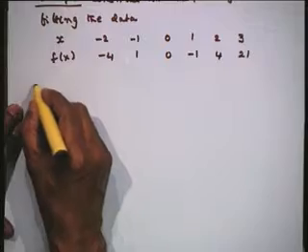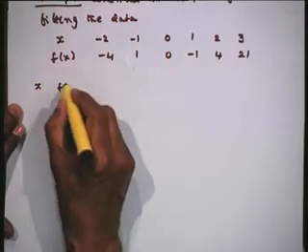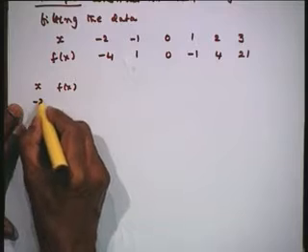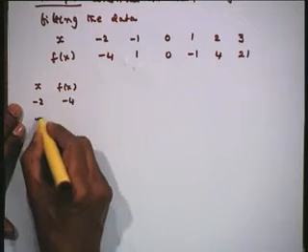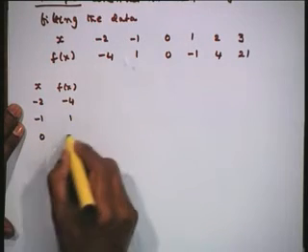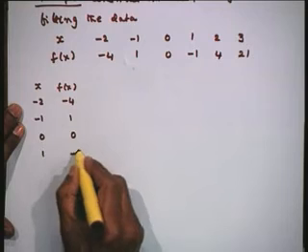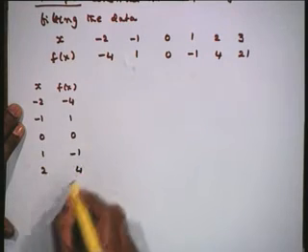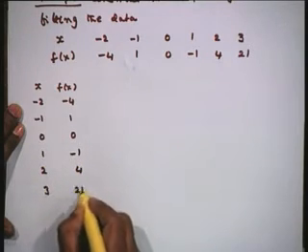Now, in order to apply this, I need to first of all write my difference table. So, let us write down our difference table. X, f x: minus 2, minus 4; minus 1, 1; 0, 0; 1, minus 1; 2, 4; 3, 21.